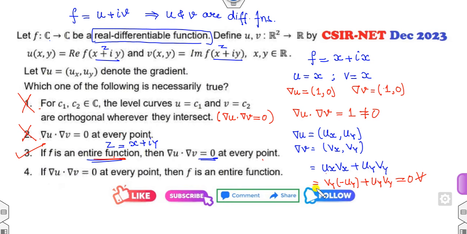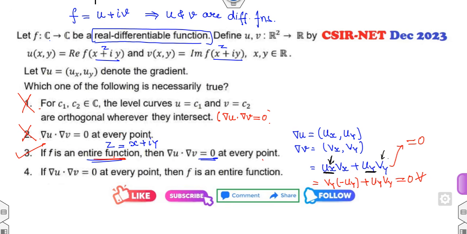Can the converse be true? The converse need not be true. Why? You can see when this product will be 0. It will be 0 if I assume that this part is 0 and this part is 0, or I can assume this part is 0 or this part is 0. So I think I can easily assume that. Can you think of any non-constant, non-entire function? This is my non-entire function.